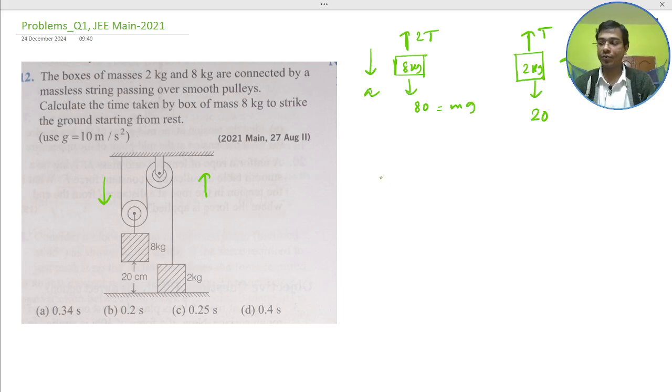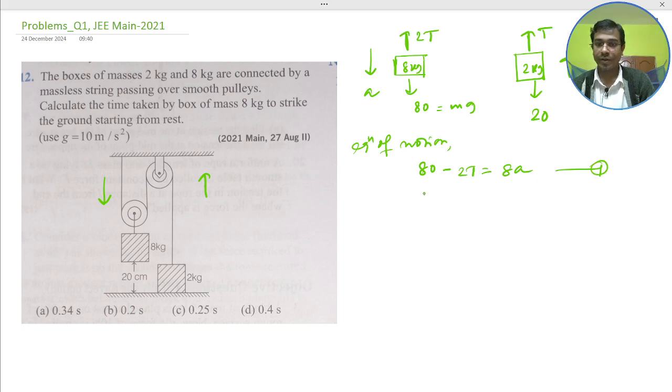So from the free body diagram, we consider the equation of motion: 8g minus 2T is equal to 8a, equation number 1; T minus 2g is equal to 2a, equation number 2.